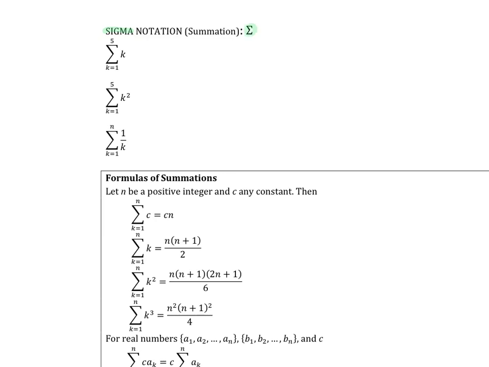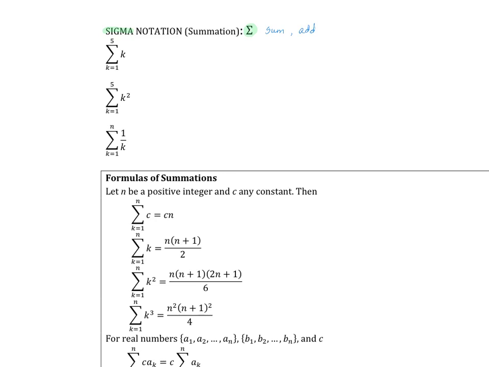It's the Greek letter sigma, and we let it stand for sum. So we're going to sum, or add, whenever we see this sigma. If you work with Excel spreadsheets, you're probably very familiar with this sigma, which means to sum.